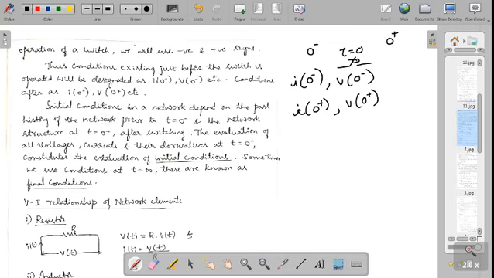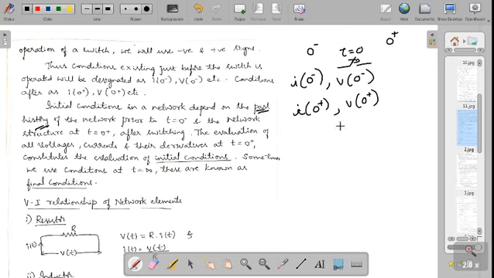Initial conditions in a network depend upon the past history of the network prior to t equals 0 minus. What it means is we need to consider the past history of the network.